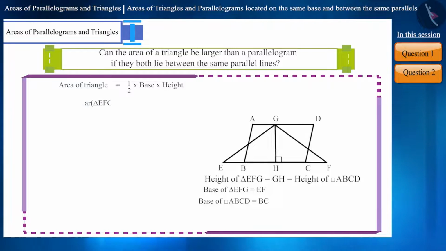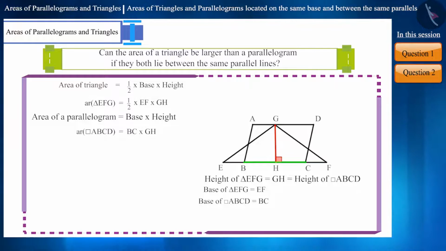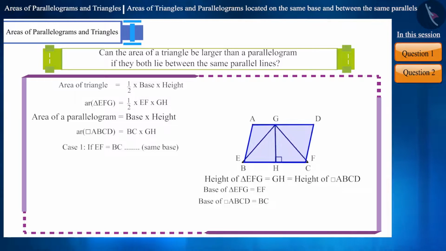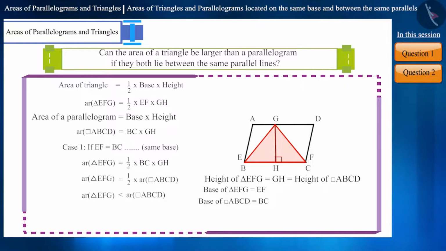We can write it as half multiplied by EF multiplied by GH, and the area of a parallelogram is base multiplied by height. We can write it as BC multiplied by GH. If the base of the triangle and the parallelogram are the same, then the area of the triangle will be half the area of the parallelogram.